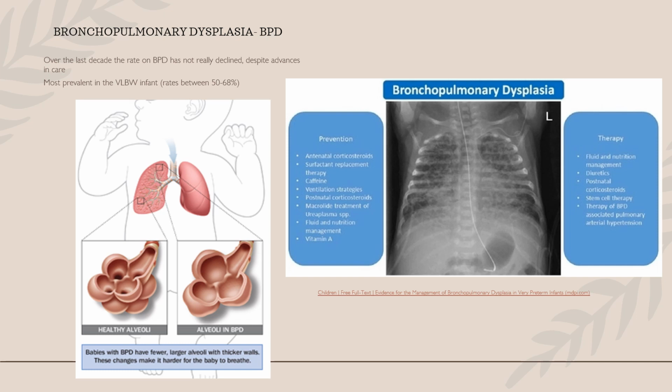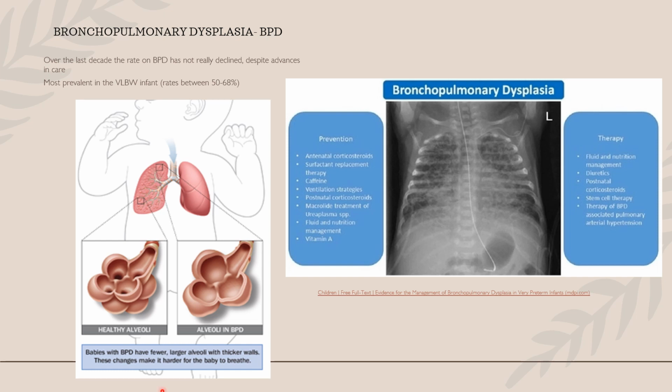When you talk about bronchopulmonary dysplasia, I feel like that is an older term, and there's an old way to describe lung disease and a newer way to describe lung disease. 30 years ago when I started, we didn't have an appreciation for volutrauma and barotrauma, and we managed our ventilatory support quite differently, and that caused trauma to the alveoli.